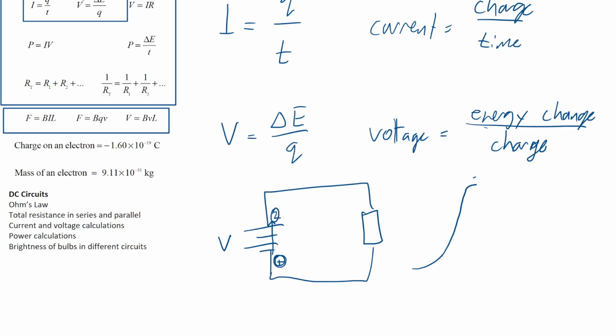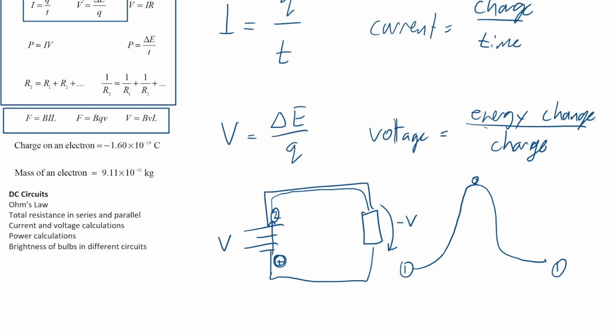So that's position 2. This was position 1. Now when you go around the circuit, you see a component like a resistor. There is a voltage drop across that, right? You lose energy. So now you've lost your energy, and now you're back to position 1, effectively.